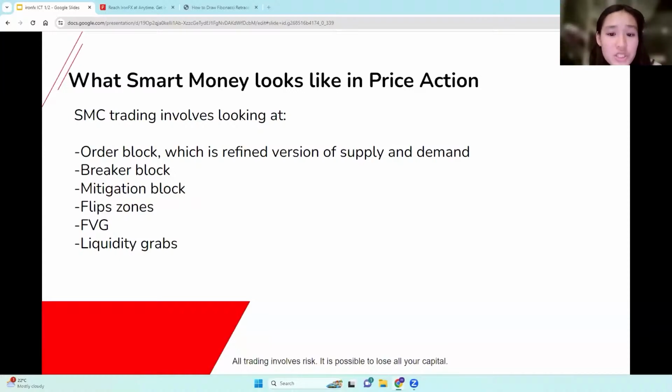This is what is traditionally called your support and resistance flip zones, and then your FVGs, which are imbalances in the market, when demand outpaces supply or vice versa. And then lastly, your liquidity gaps, which we went through before, are basically the areas in which there is a support level or a resistance level.